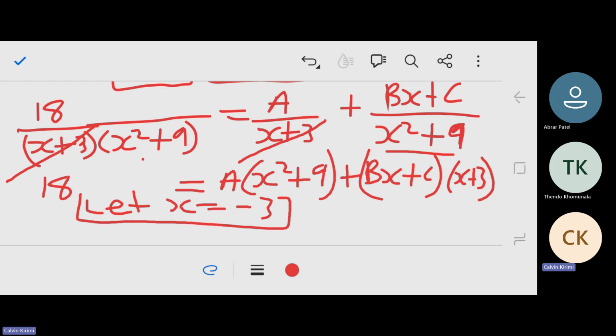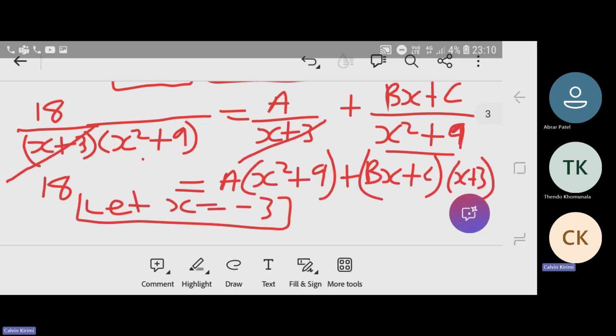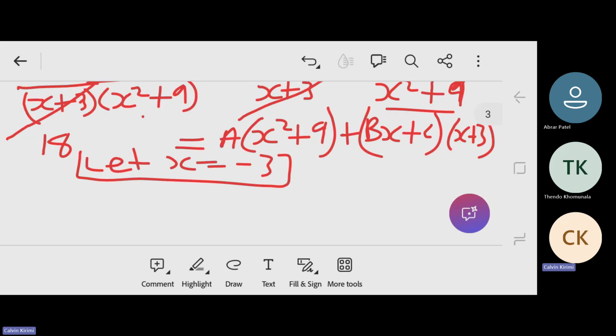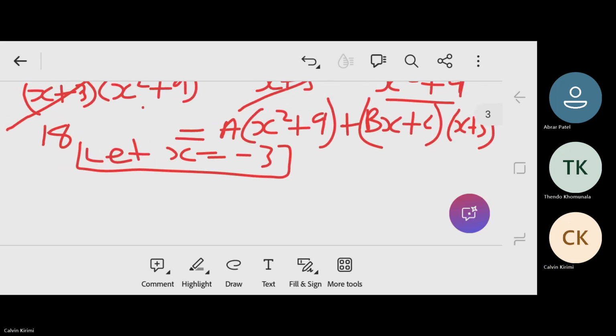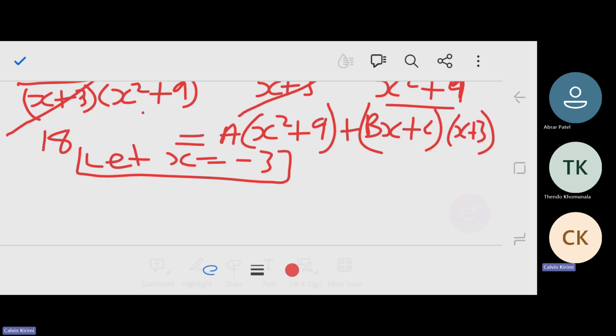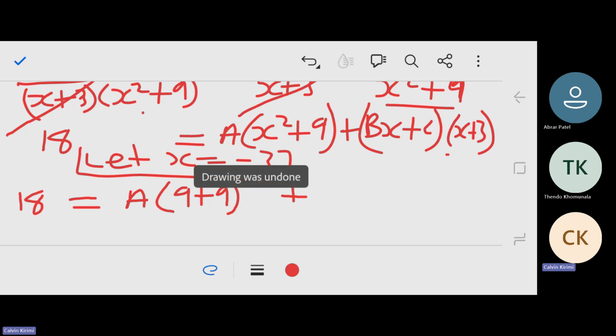Once we let x equal to -3, what are we going to get in our equation? 18 will be equal to A times -3 squared plus 9, plus 0. The 0 is because x is -3, and -3 plus 3 is 0.